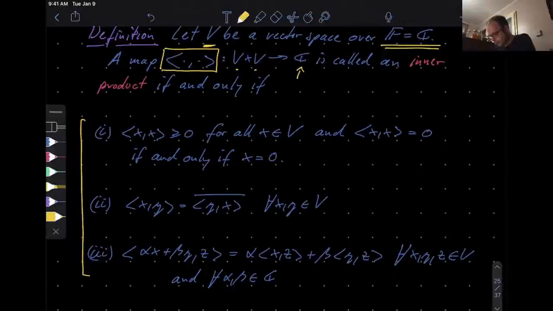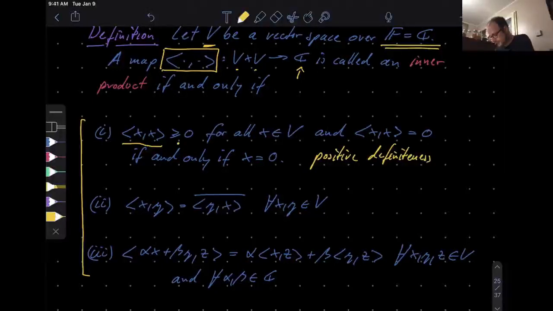In property number 1, although for general inputs x and y the inner product can be complex valued, it is not when you evaluate it on the same vector, because the first condition requires this to be a non-negative number, so in particular real valued. Moreover, that number is 0 if and only if you stick in the 0 vector. This is very much like the positive definiteness in the norm world.